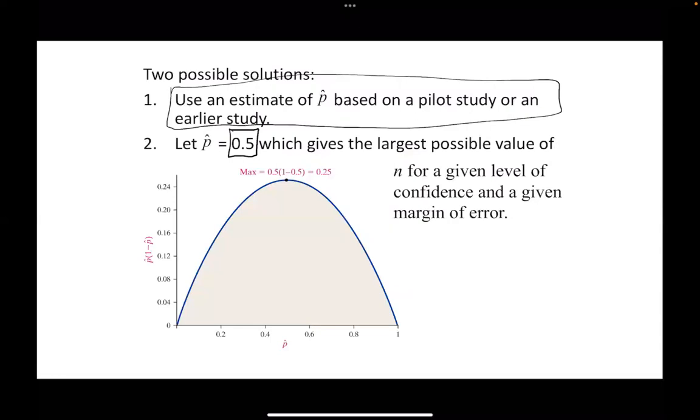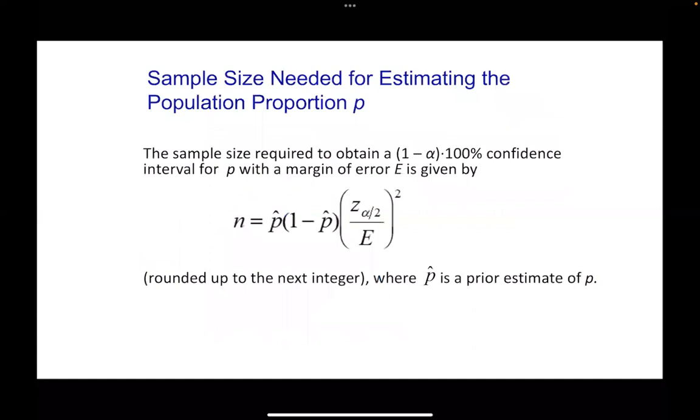That's because 0.5 times 0.5 is 0.25. I'm not going to get anything bigger than that. So if we don't have a previous study, use 0.5 for your p hat. These are the only two ways that I can do this. Let's move on.